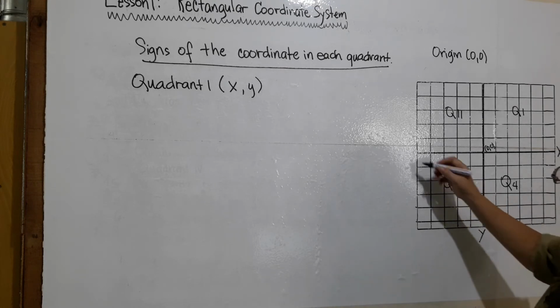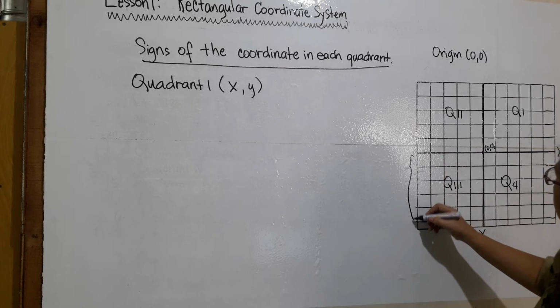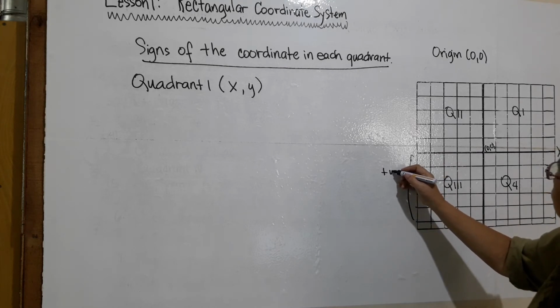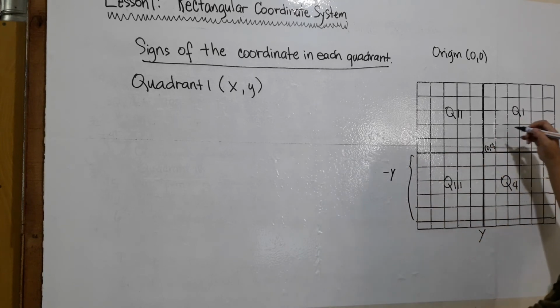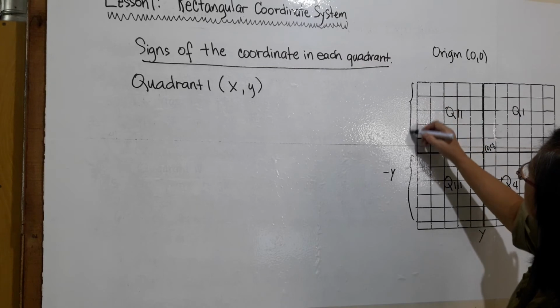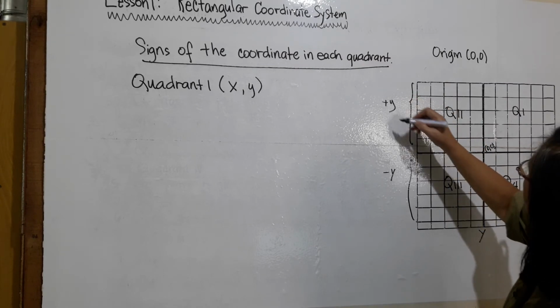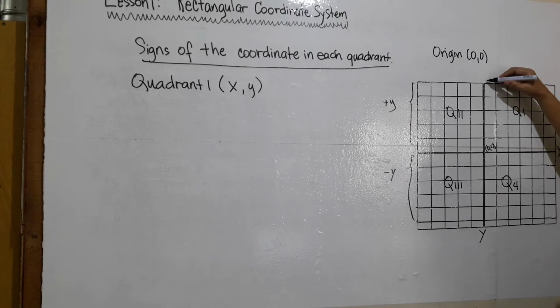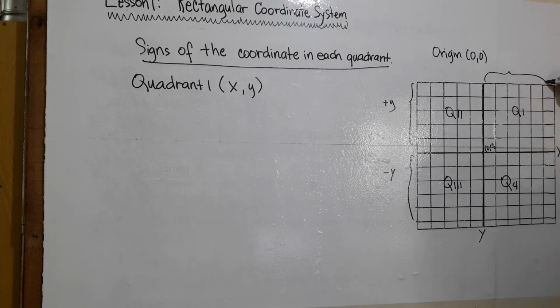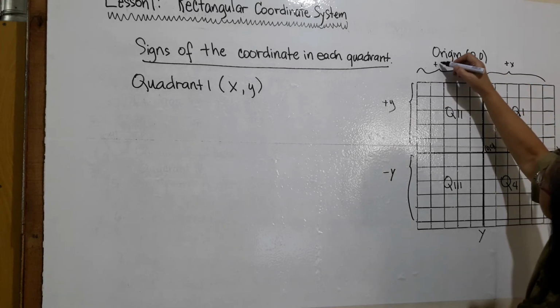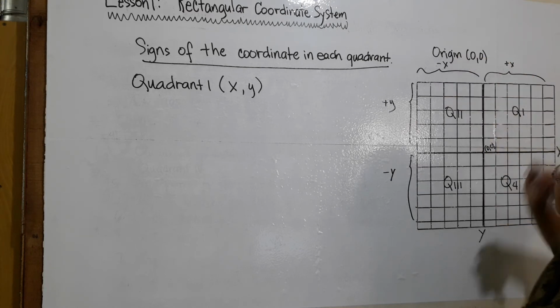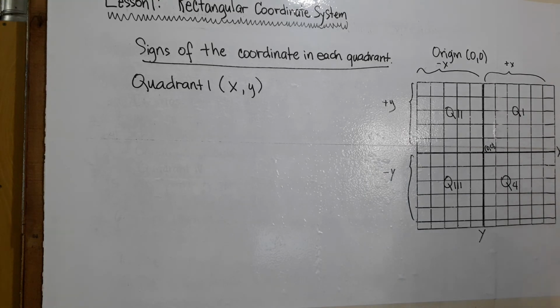So here it's positive y, here negative y, here positive x, and here negative x. So let us now identify the signs.